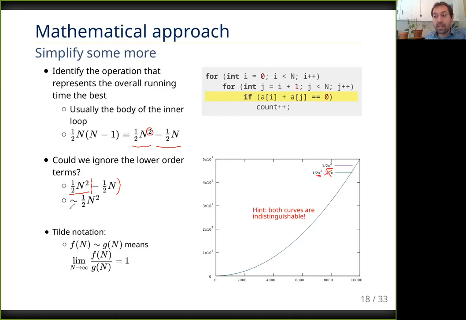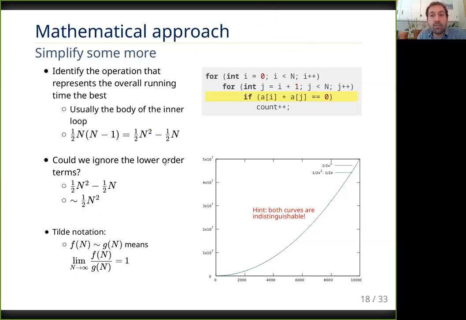It's a way of approximating a certain curve by only keeping the leading term, because it turns out that when the input size starts growing, the lower terms don't really matter anymore.